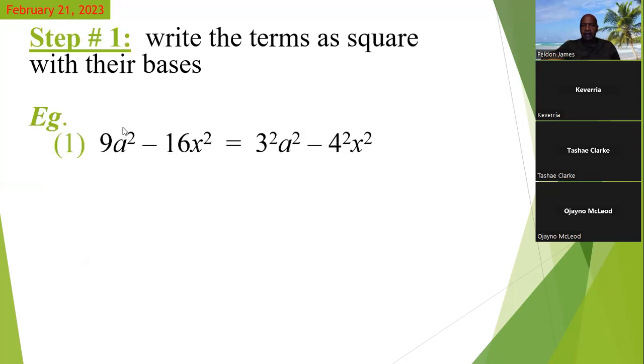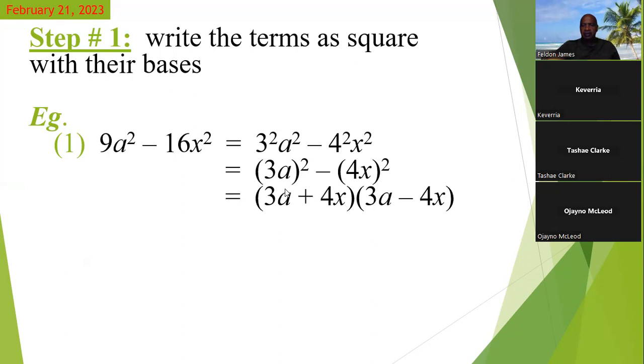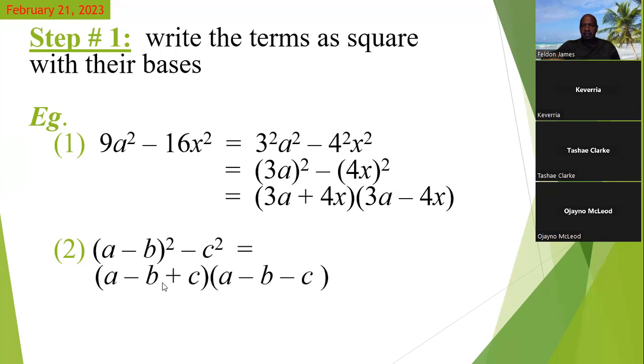So if we are factorizing these, we first write them in the square form. Then we put the base of each of these square forms in two brackets. Then we put a plus and a minus between them. And likewise with this, we put the brackets in here, and we put a plus C, then we put a minus C, and that's what we end up with. Any questions? Students?